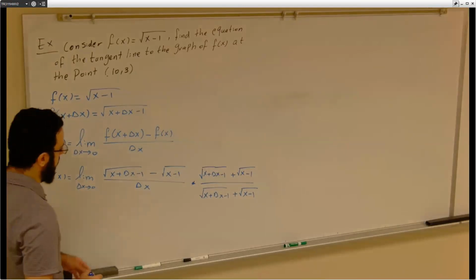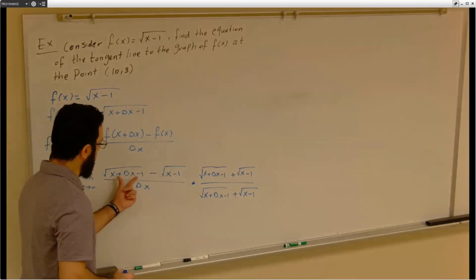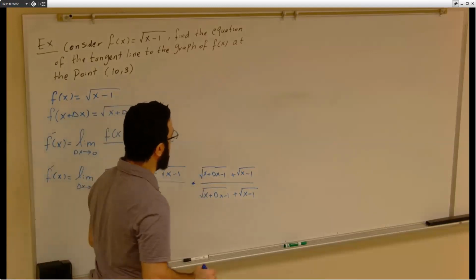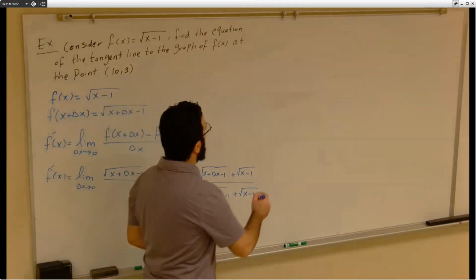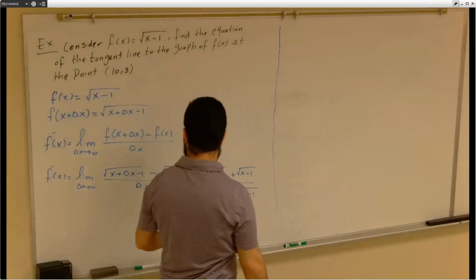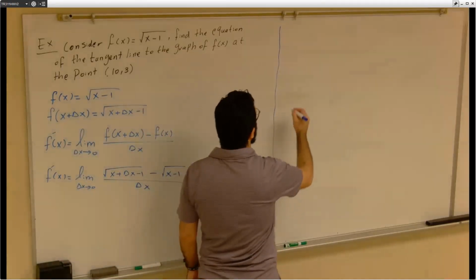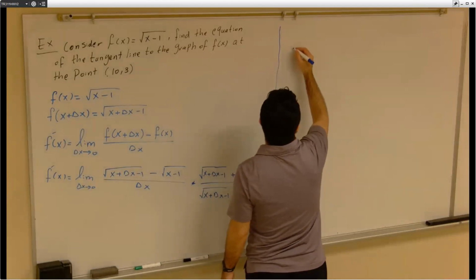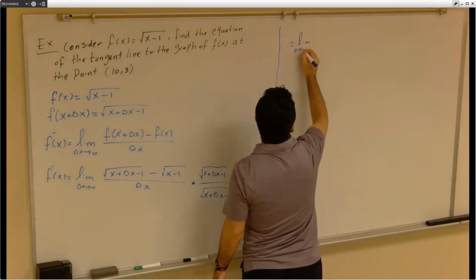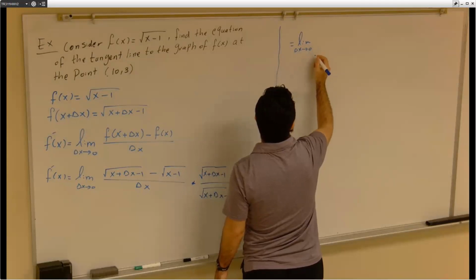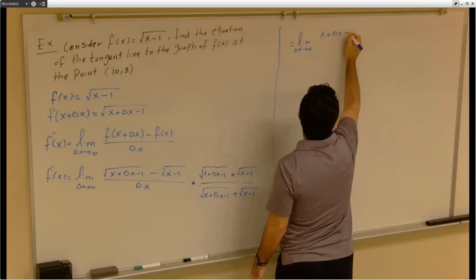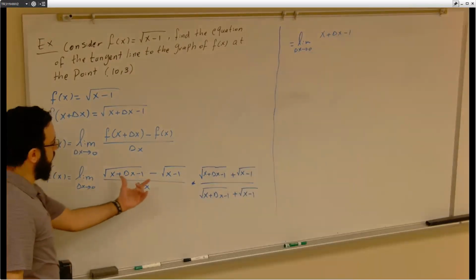Now let's keep going. This one times this one. Square root times square root is going to be equal to the limit as delta x approaches 0 of x plus delta x minus 1. You have to FOIL these.